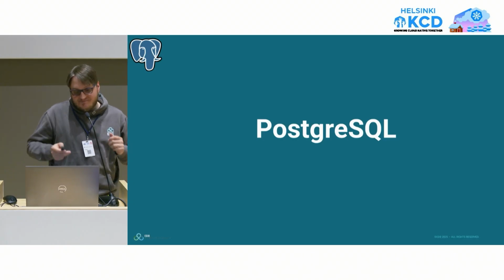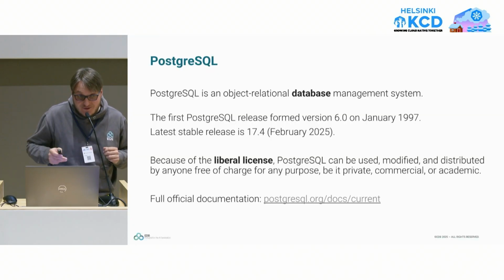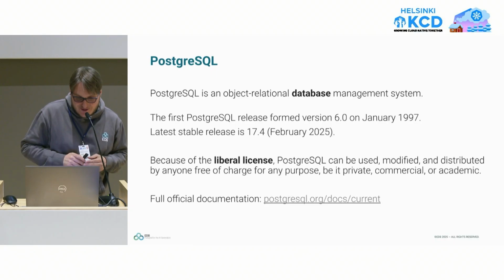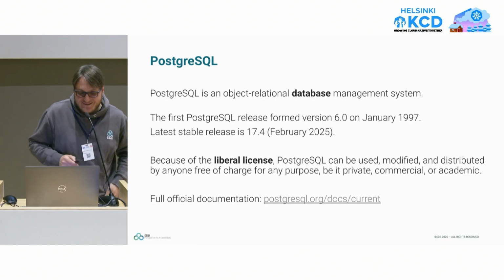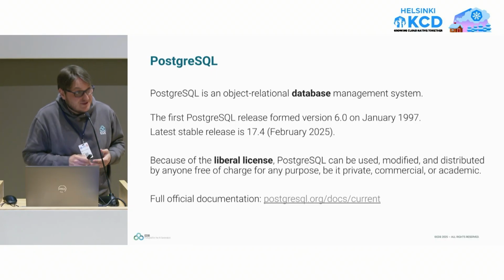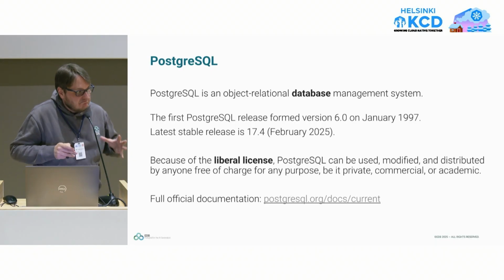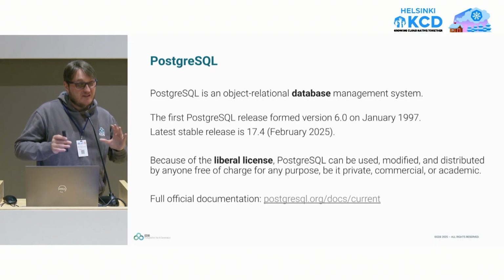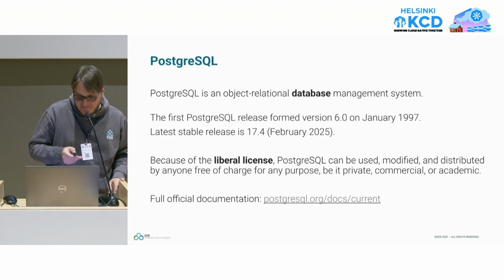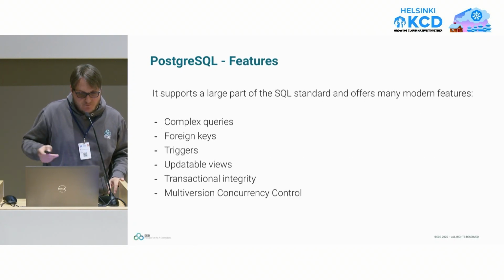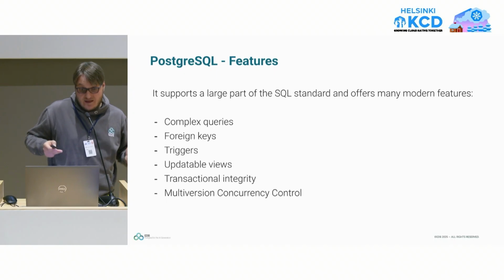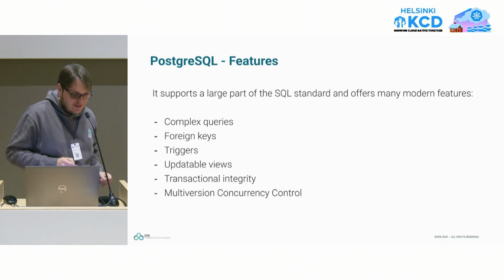So yeah, a bit of Postgres, but you already know Postgres, as you tell me. It's one of the most famous object relational databases, and it's been around about 29 years. One of the most important things in Postgres are the features, and there are a lot.